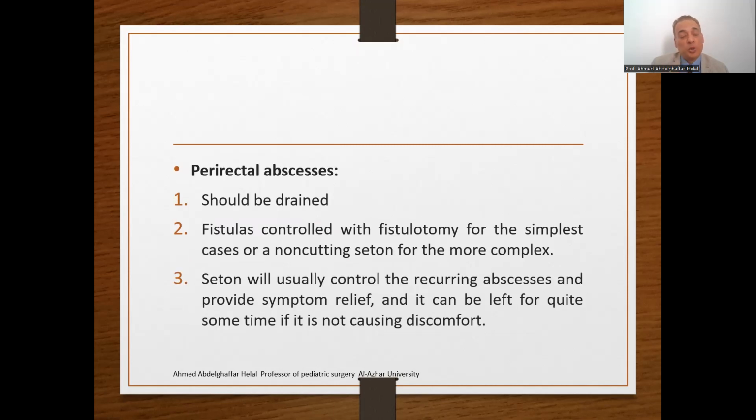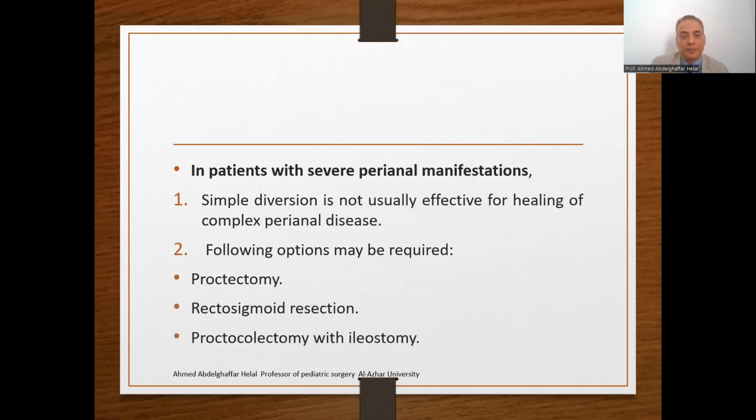Perirectal abscess should be drained, and fistula controlled with fistulotomy for the simplest cases, or a seton will usually control recurrent abscess and provide symptom relief. It can be left for quite some time if it's not causing discomfort.